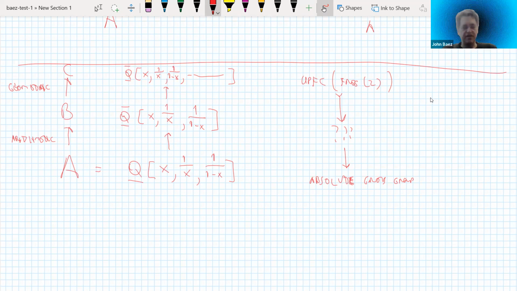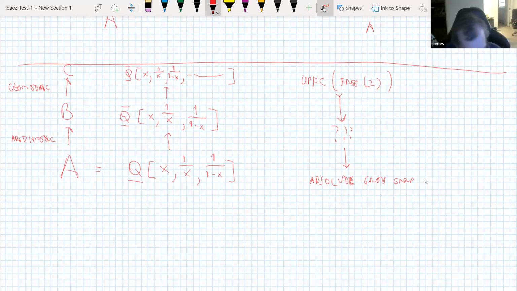So down here, it's the absolute Galois group, but it's acting on this free group on two generators, except that everything in here is profinite.